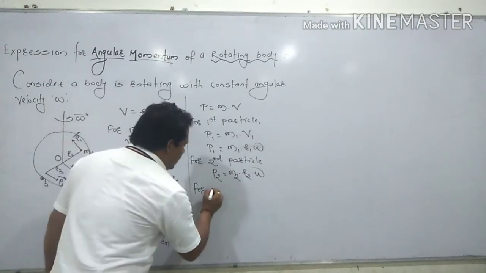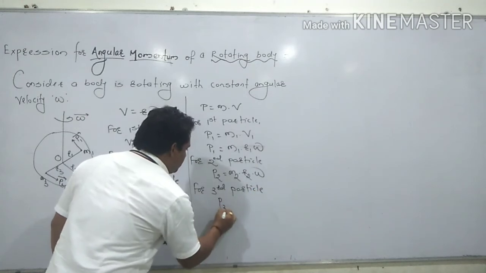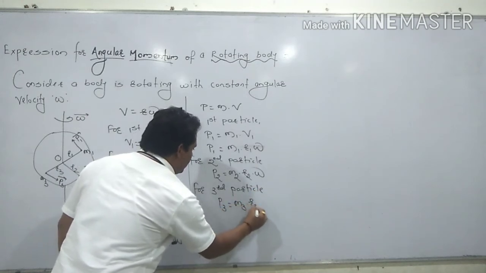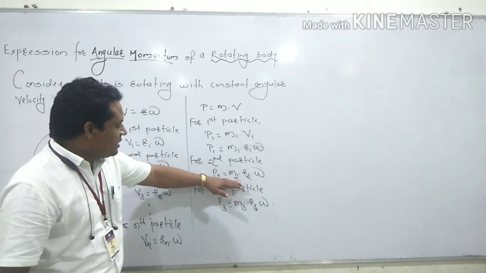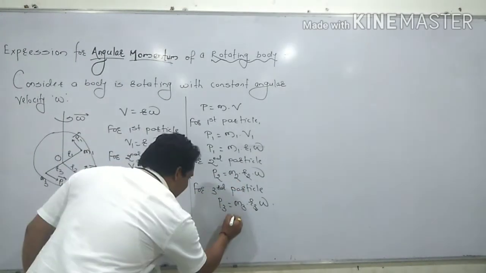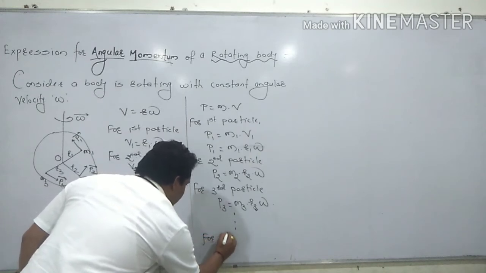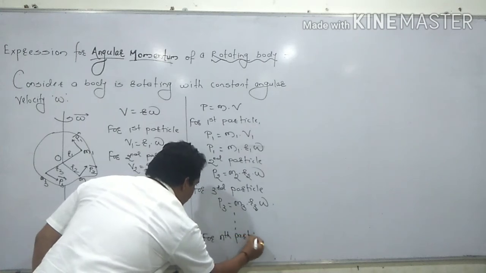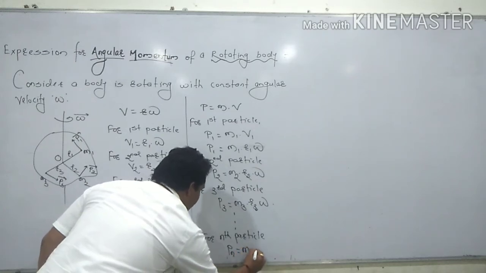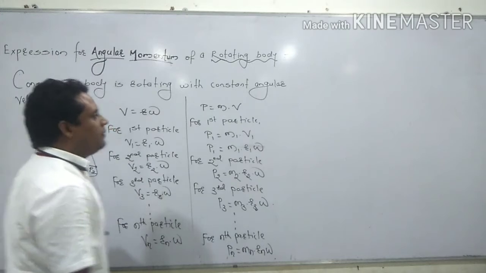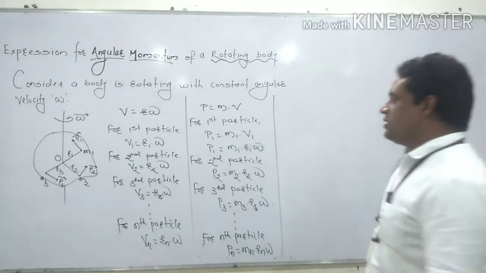Similarly, for the third particle, P3 is equal to m3 R3 omega. In a similar way, for the nth particle, Pn is equal to mn Rn omega. These are the formulas for linear momentum of n number of particles.